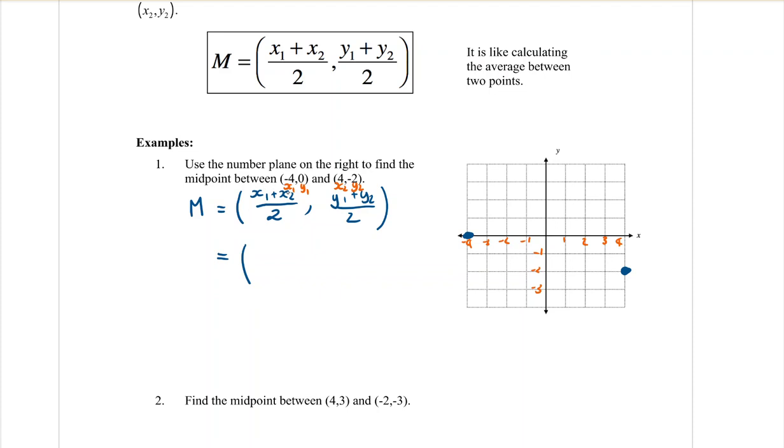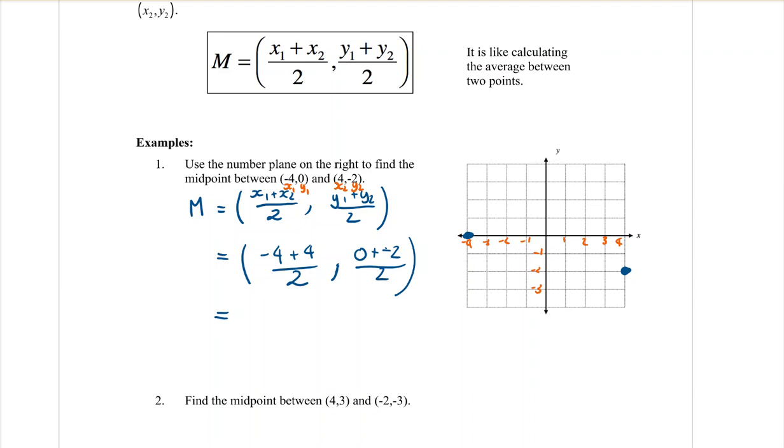Then I want x1 plus x2. x1 was -4 plus x2 was 4. And the formula says all over 2. Then there is a comma. Don't forget this comma. And now we want to do the y values. y1 is 0 plus y2 is -2 all over 2.